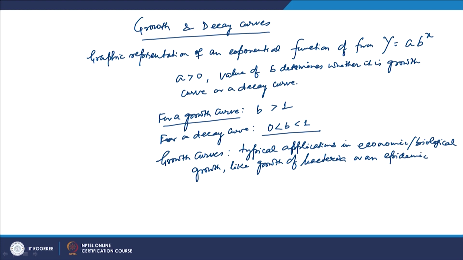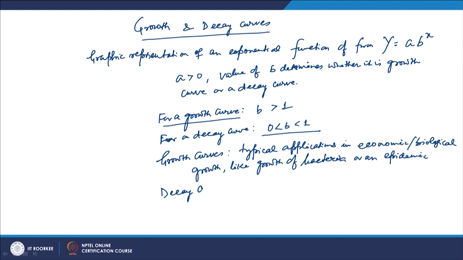So many times, when an epidemic spreads, it will spread in a very exponential way, or in a different way, that is basically a type of growth curve. It will not grow by a constant increment.